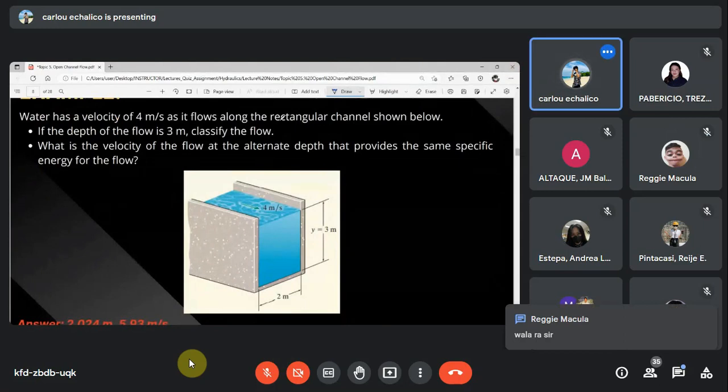Okay, so let's proceed. For example, question number 1: water flows with a velocity of 4 meters per second along a rectangular channel shown below. The depth of the flow is 3 meters.